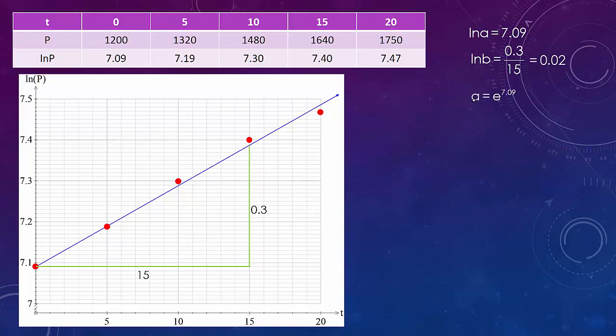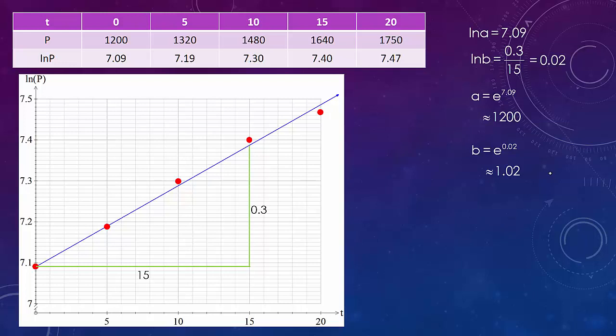So A is going to be e to the power 7.09, just taking the exponential function of both sides, which puts that at approximately 1200. And then B would be e to the power of 0.02, which puts that approximately at 1.02.